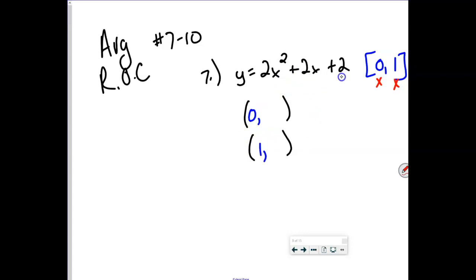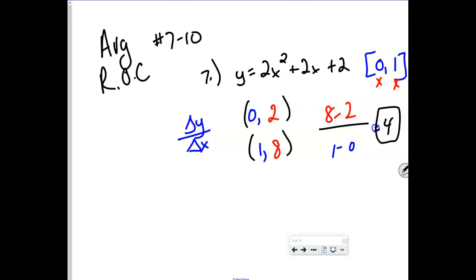So plug in a 0, you get a 2. And then plugging in a 1, let's see, you get 2 plus 2 plus 2, which is 8. But remember on the last test, some of you forgot to do this last step. Now you have to find the average rate of change. Remember, it's just slope. So you're going to find 8 minus 2 over 1 minus 0. So that'd be a 4.